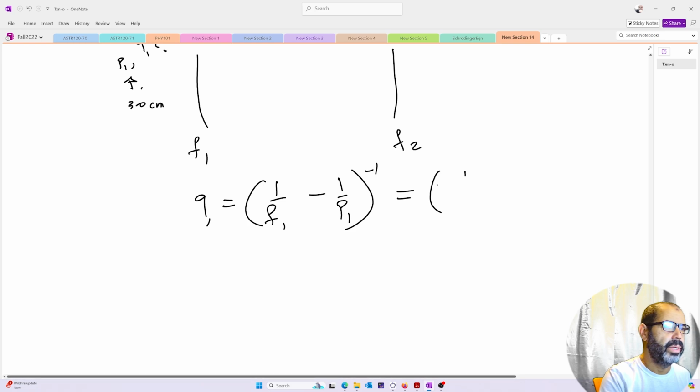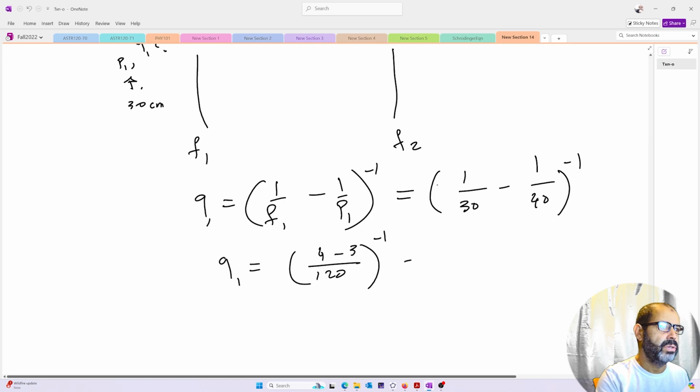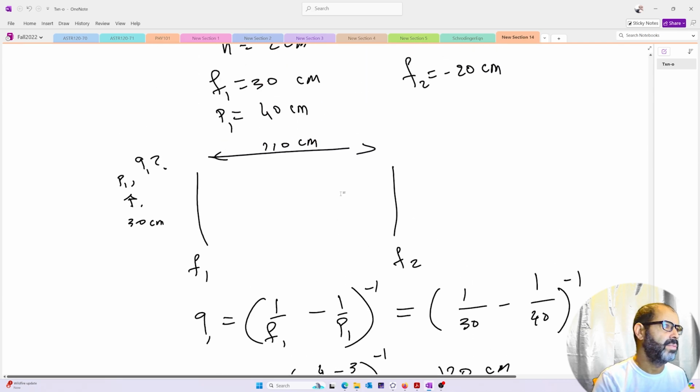F1 is 30 and P1 is 40. The common denominator is 120, so I multiply by 4 and by 3, and it's going to be 1 over 120, inverted, so 120 centimeters. So the image from this lens is going to be at 120 centimeters.